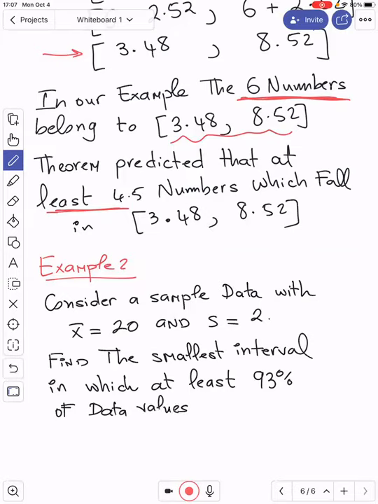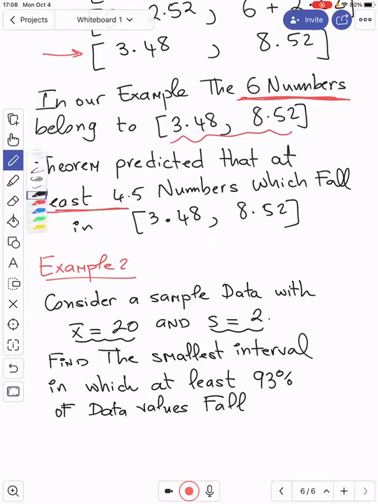So in which at least 93% of the data values fall. In this case, of course, x bar is given, the standard deviation is given, right? So this is the interval in which you expect at least 93% of data values to fall.